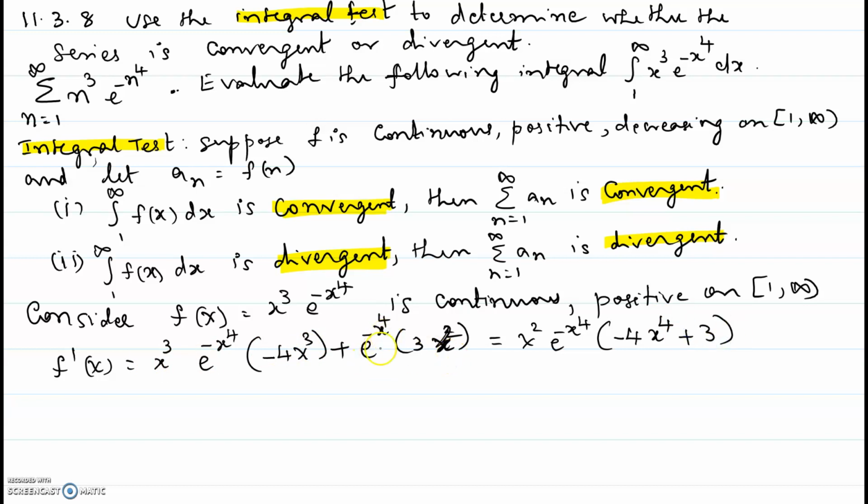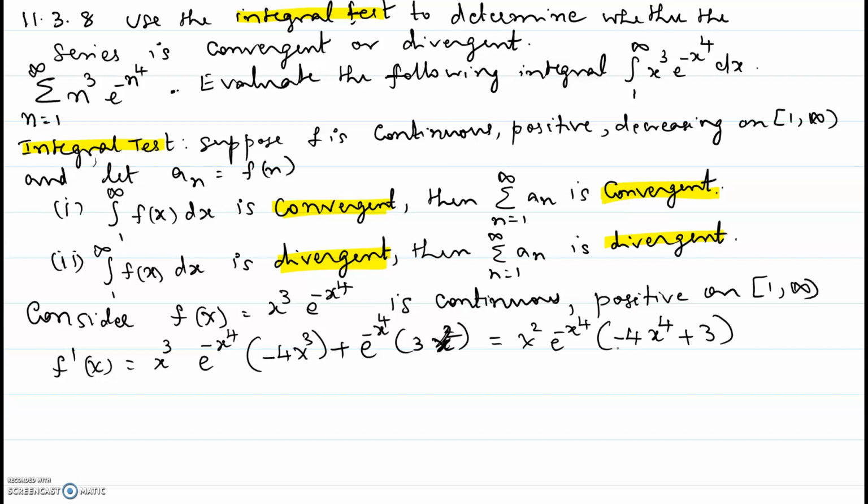x squared e to the negative x to the power 4 is taken out. Then in this term, only 3 is remaining. This is x cubed times x cubed, which is x to the power of 4, but I am pulling out x squared from it, so I am left with x to the power 4 and then this negative 4.